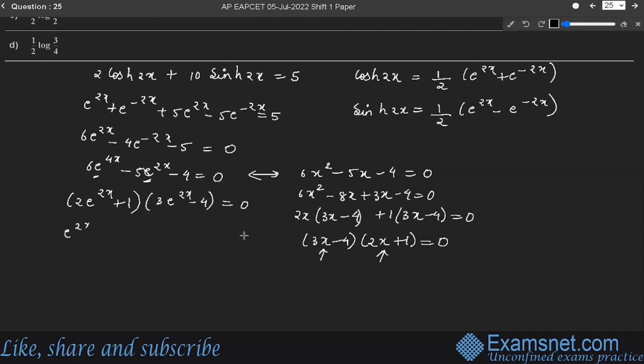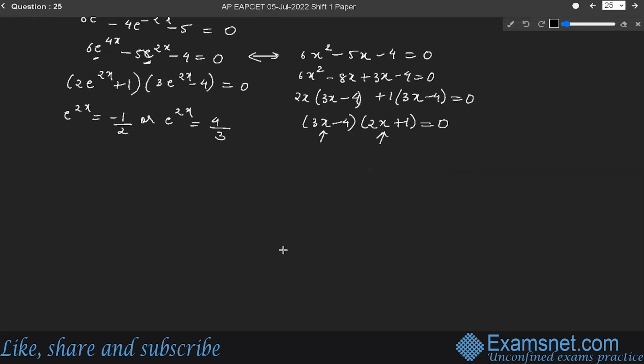So e^(2x) will be equal to −1/2, or e^(2x) will be equal to 4/3. Taking log on both sides, 2x will be equal to log of −1/2, or 2x will be equal to log of 4/3. You can see that one value is not real here.